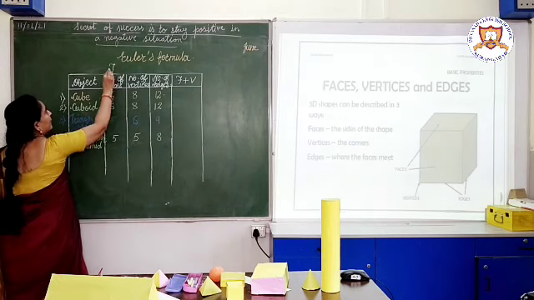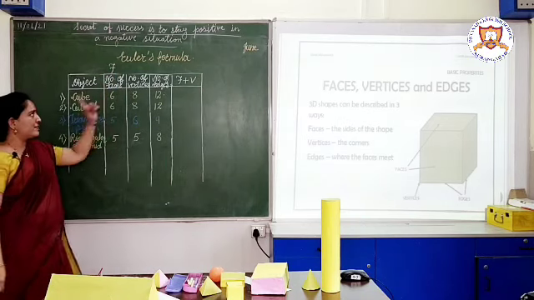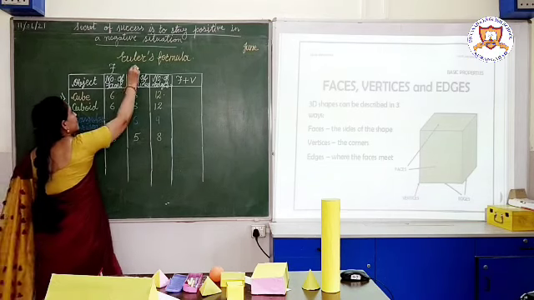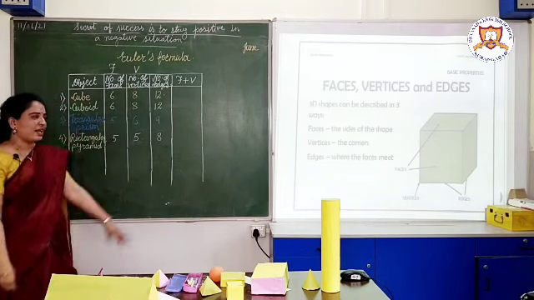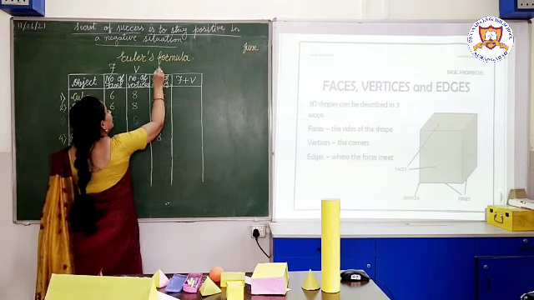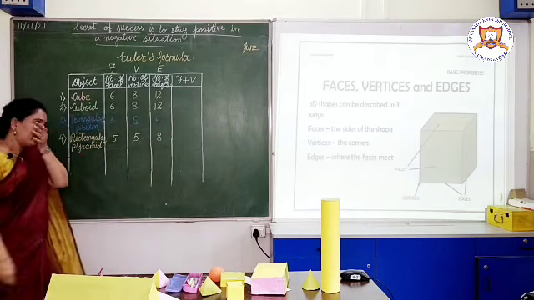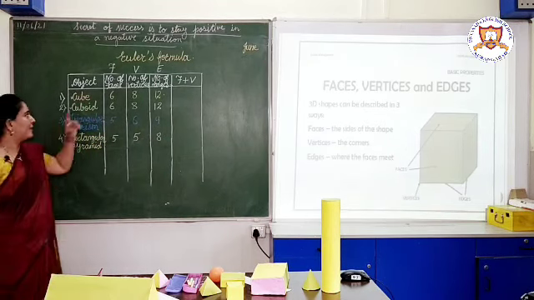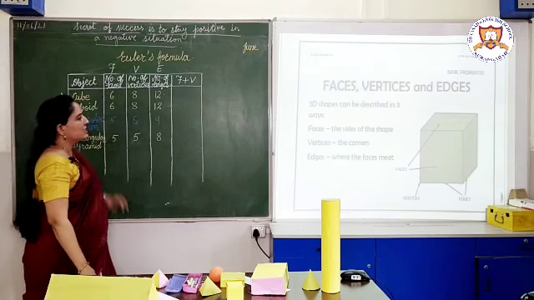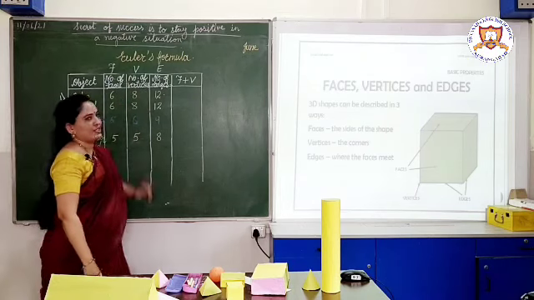This is our F, faces. These are our vertices, so it will be V. And these are the edges, so it will be E. We take the first letters: F faces, V vertices, E edges.